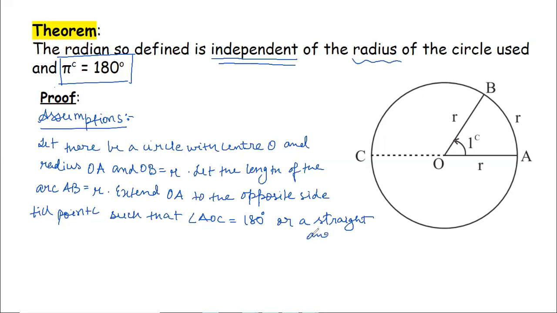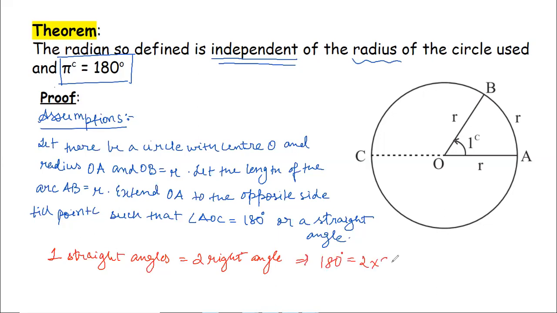One more thing I would like you to know is that one straight angle comprises two right angles. That means in numerical terms we can write 180 degree as 2 into 90 degrees.